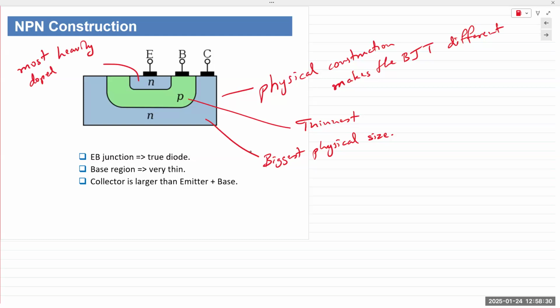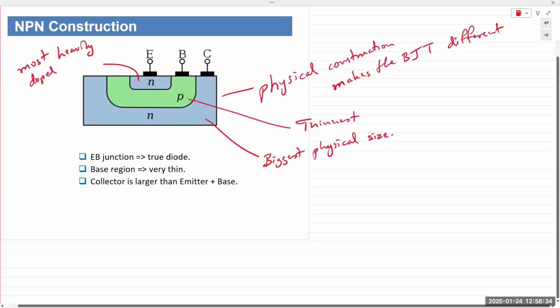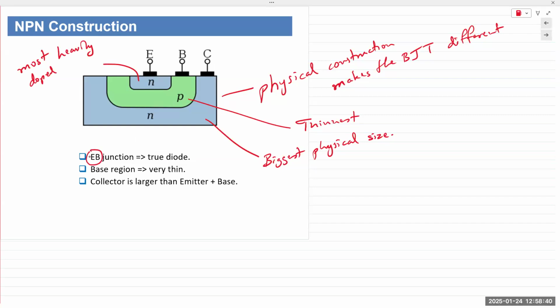Okay. So the base and emitter junction, EB or the BE junction, behaves like a true diode, meaning you apply a forward bias to it, charge carriers are free to move. In response to that applied voltage, current flows in the direction of the anode to cathode. Okay. Then they go into the base.